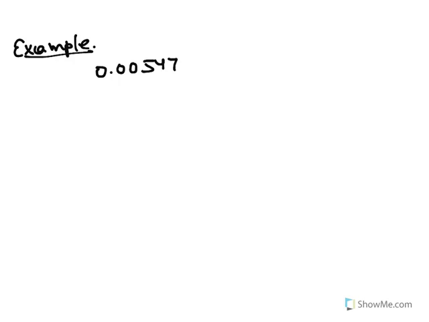Okay? This number is a small number. Is less than 1, right? And it has to be represented in scientific notation. Remember, scientific notation again is a times 10 to the n. This number is going to have to be between 1 and 10. The decimal point now is here.